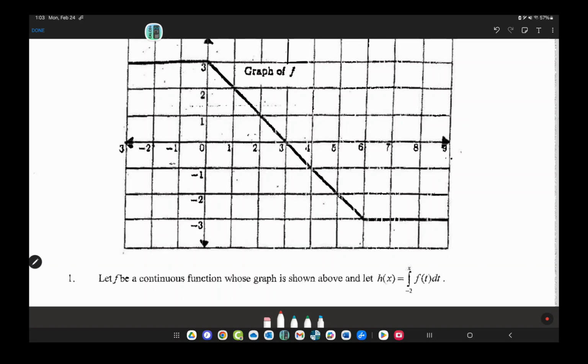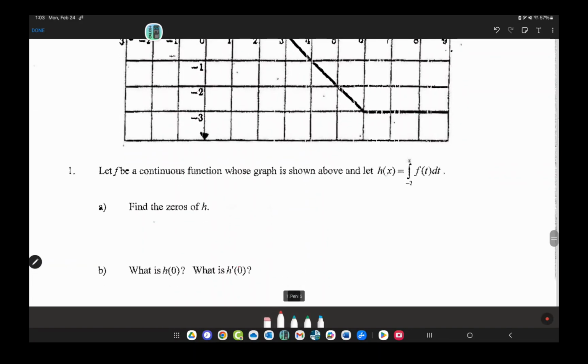When the bounds are the same. It's the easy one. You don't think about it because we never really use it. But basically, h of x is equal to 0 for the integral from -2 to -2 of f of t dt.